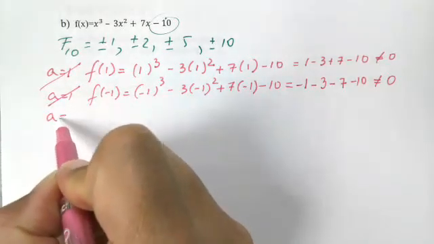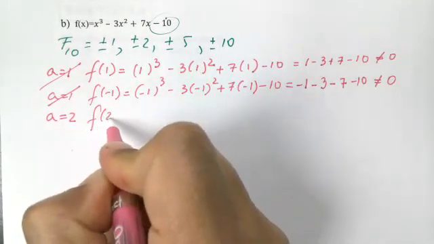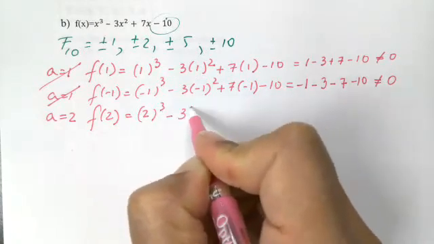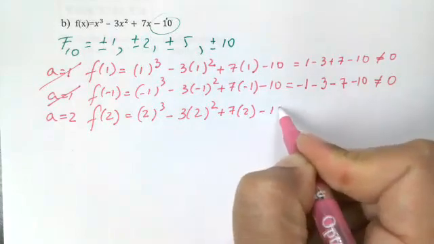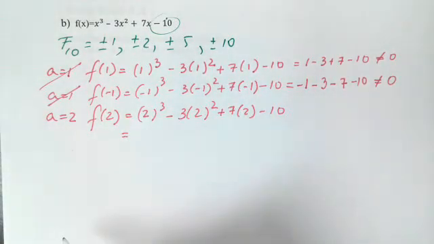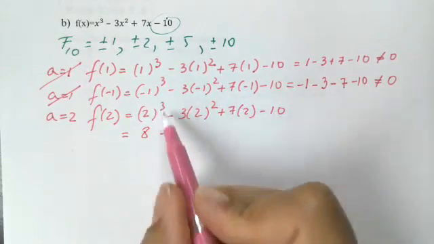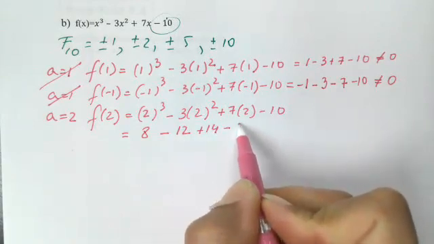And then how about 2? We go down the list. f of 2. 2 cubed, and so forth. And we get 8 minus 12 plus 14 minus 10.